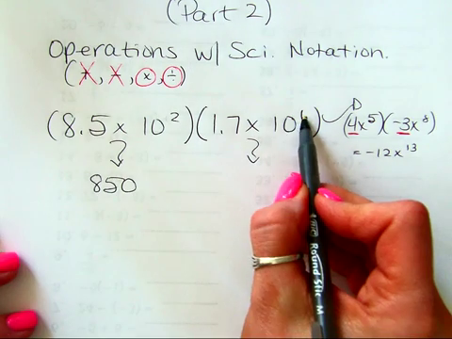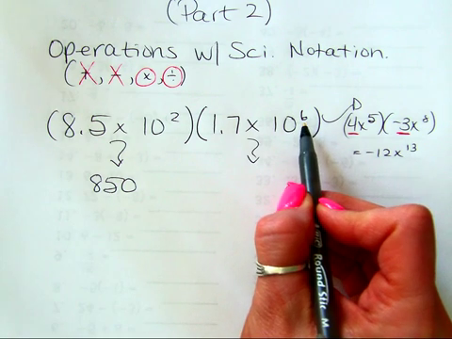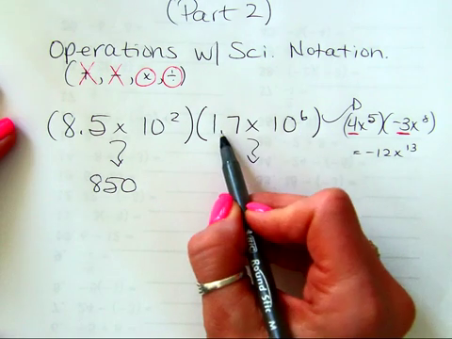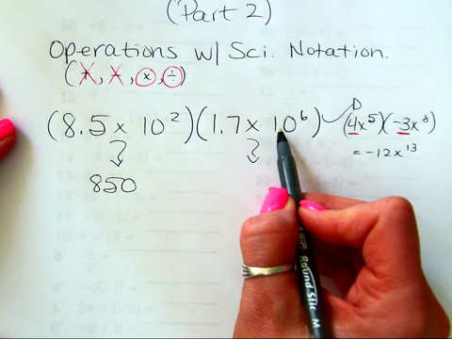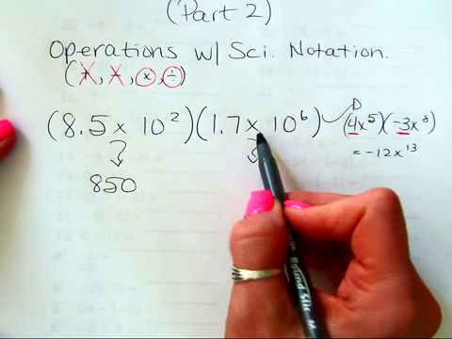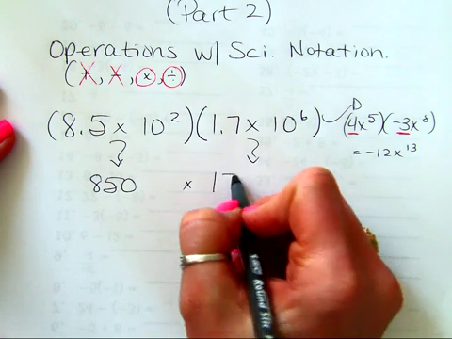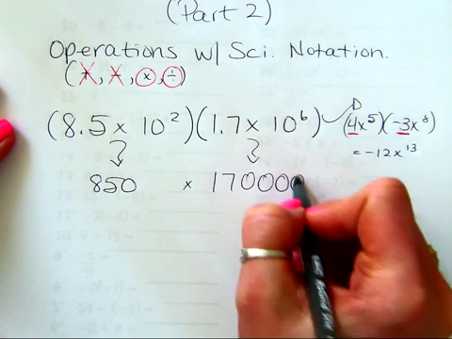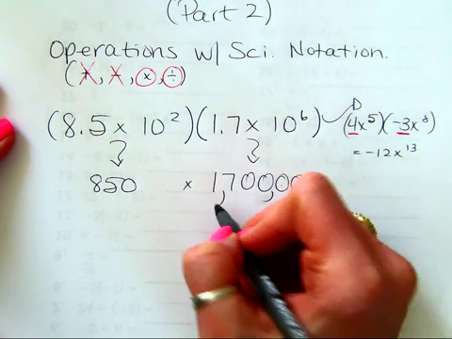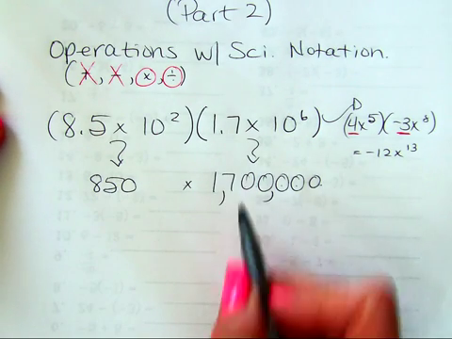Positive exponent telling me to go 6 to the right, which is the same as multiplying by 1,000,000 with 6 zeros. I'm going to move this 6 places to the right. There's already 1 place, so I need to add how many zeros? 5. 1, 7, and 1, 2, 3, 4, 5. Commas are important.